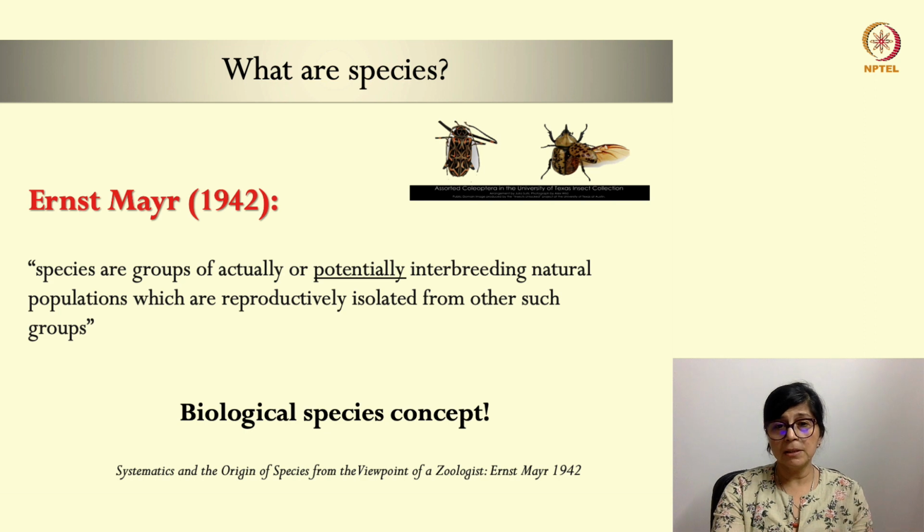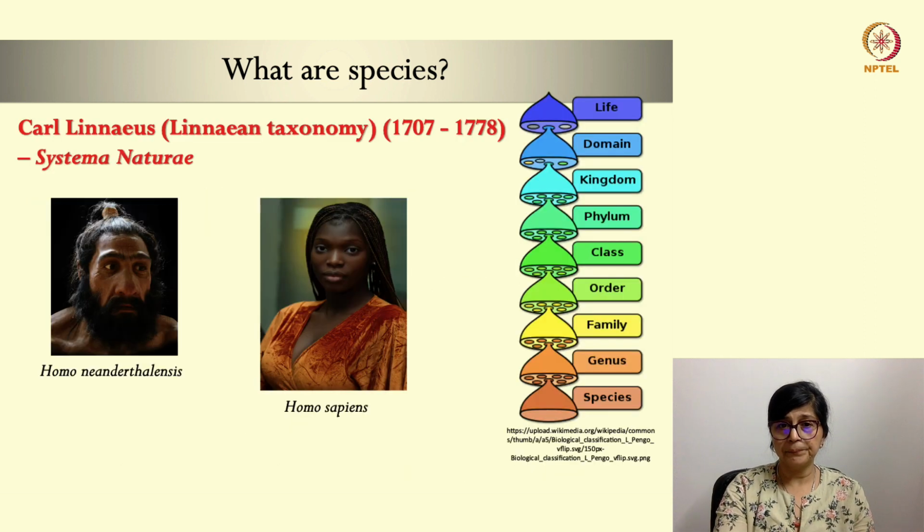But of course, this gray zone is when they breed, what will happen? The biggest example in nature: Homo sapiens and Homo neanderthalensis. Scientists have now studied that sapiens, us humans, also interbred with the Neanderthals.